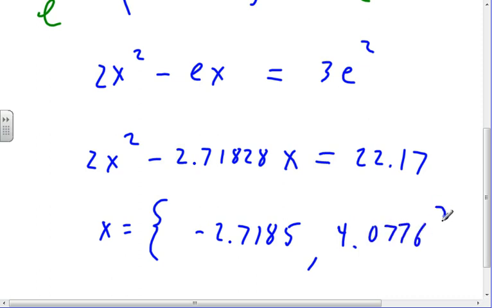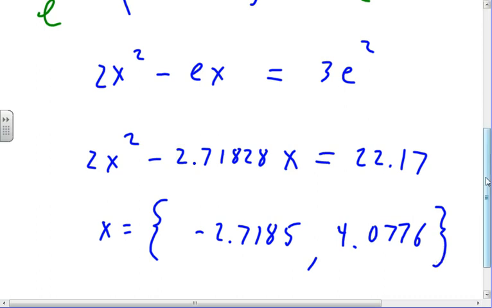Now, because we can't have a negative log, right? If either of these answers, when we put it back in the original problem, comes up with a negative thing inside the argument for the log, then we have to disallow it. It's not an answer.